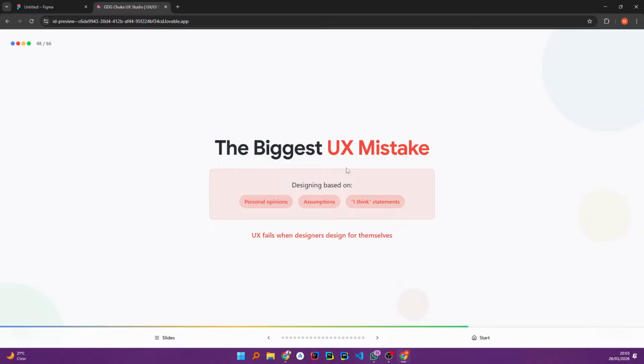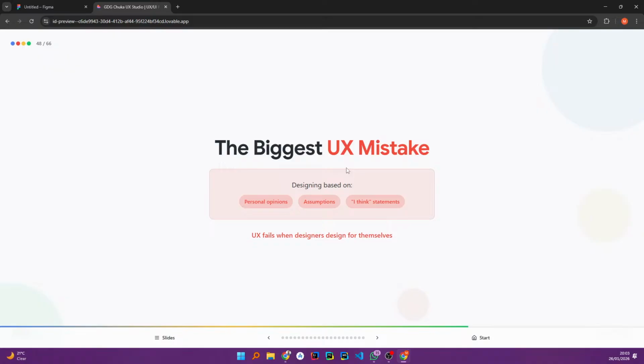That's the entire point of having user research, so that you can know what works for a user, and what the user really needs in a certain product.